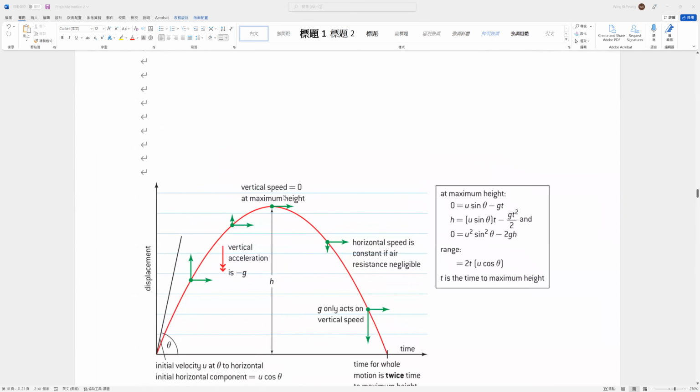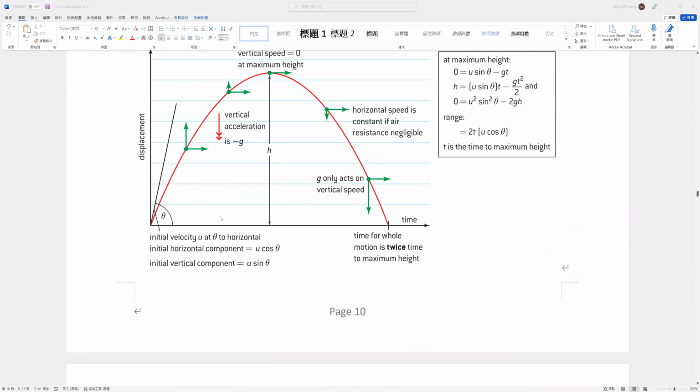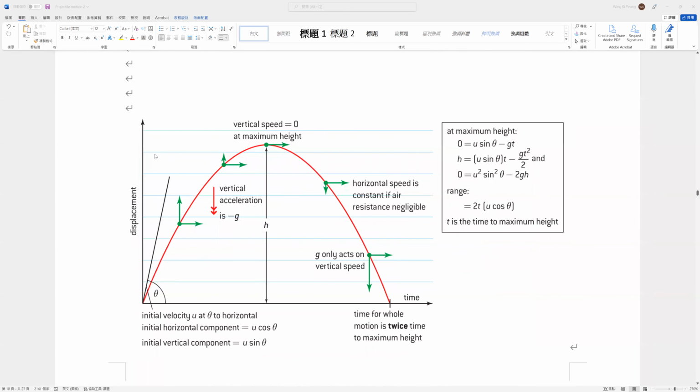Now remember, at the highest point of the motion, we say that the vertical speed is 0, but not that the speed is 0. The speed is never 0 at the highest point.